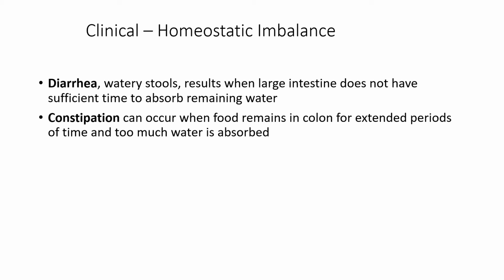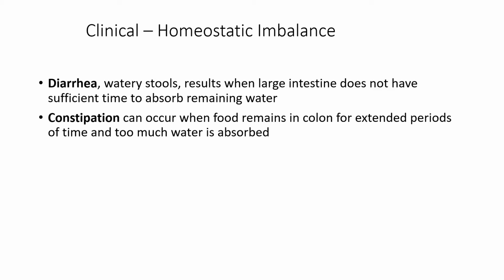I'm sure we've all experienced issues of diarrhea throughout our lifetime, and diarrhea can be problematic if it's not treated, because if a patient has prolonged diarrhea, this may result in dehydration and electrolyte imbalance. So this could cause acidosis as well as potassium loss.